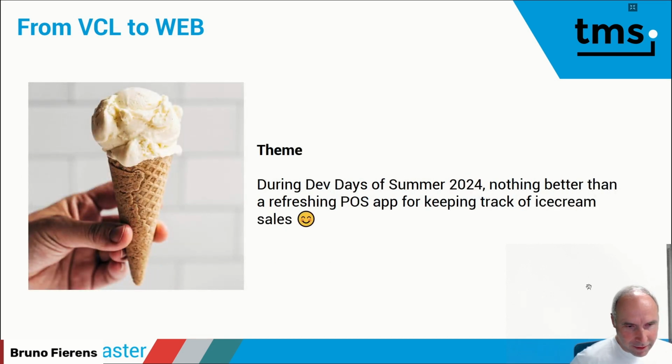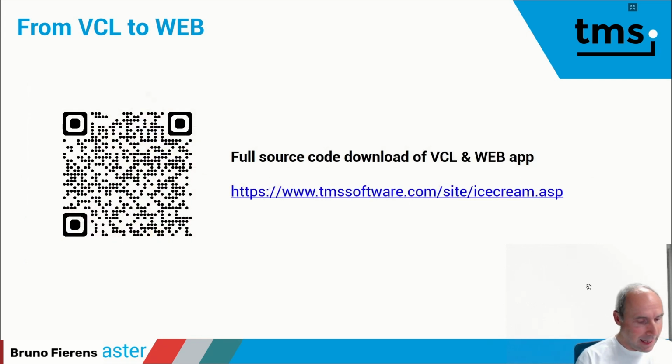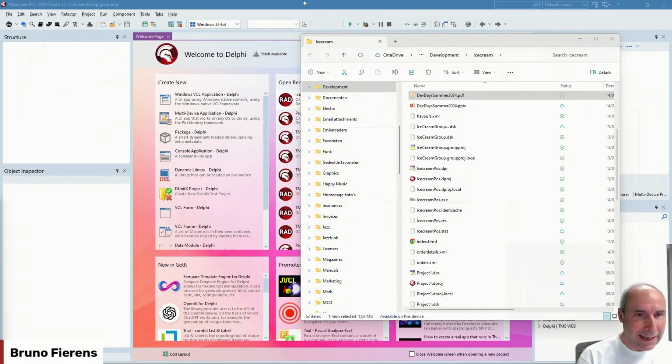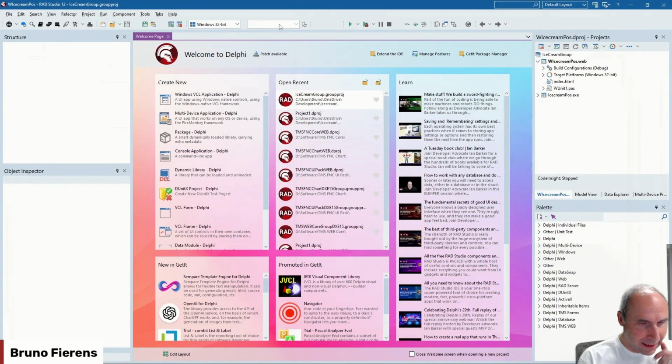The theme for this point of sale application, well, I chose a theme that fits with the summertime here in Europe, and I chose as such the theme of an ice cream selling point of sales application, so to keep us all fresh during these hot summer days. And so before sharing the source code with you, let's dive into the IDE and start with this project.